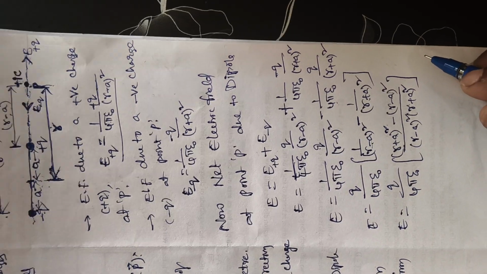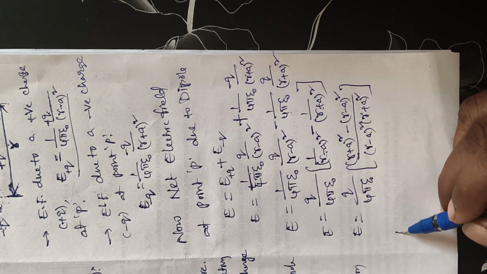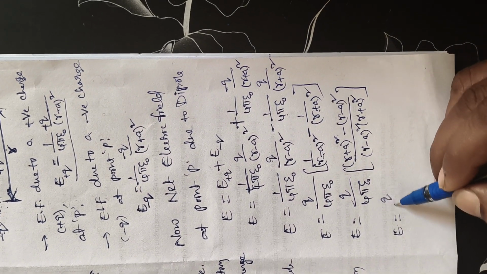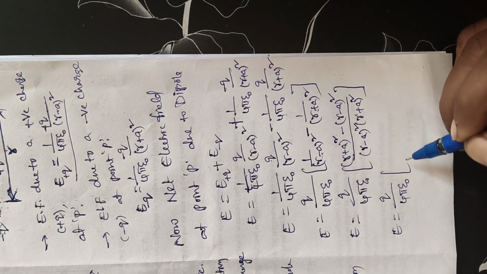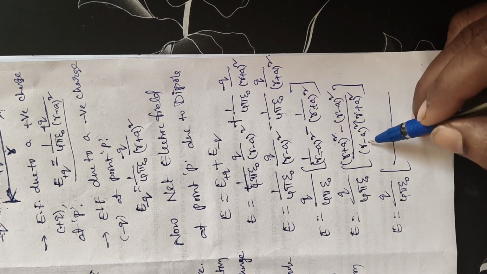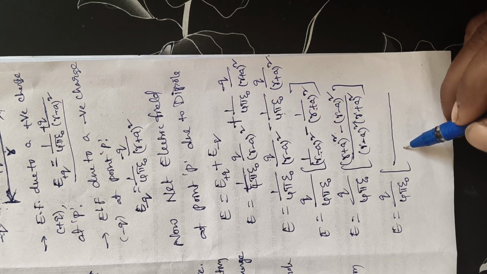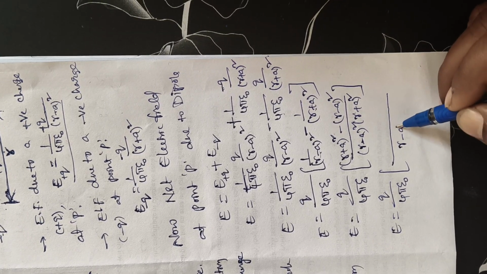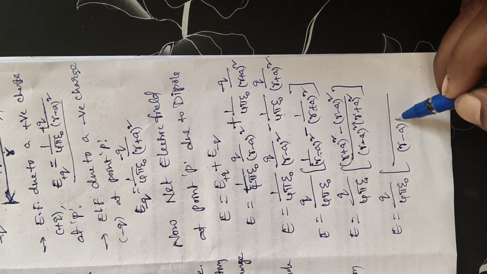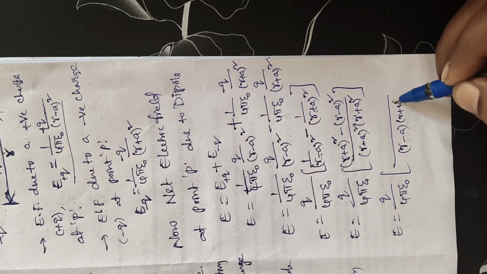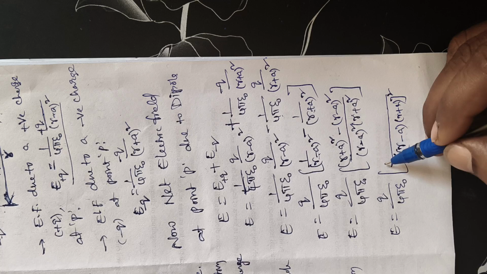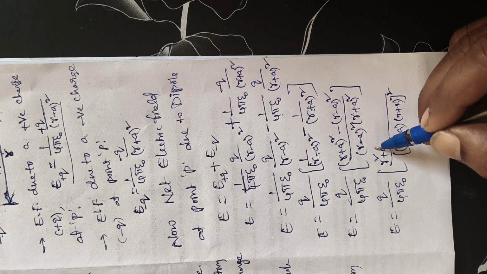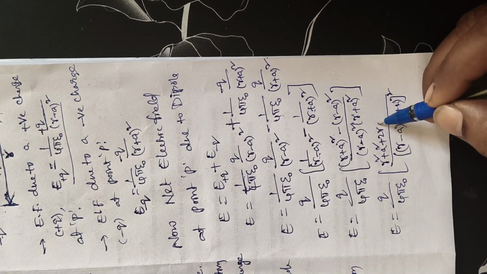So according to mathematics, apply the formula (a minus b) whole square and (a plus b) whole square. So denominator (R minus A) whole square, (R plus A) whole square, (R minus A) and (R plus A) whole square will come. So numerator R square plus A square plus 2RA.